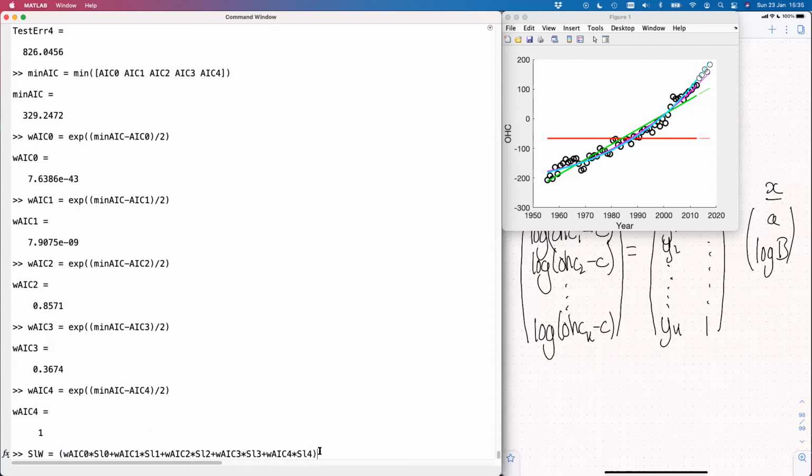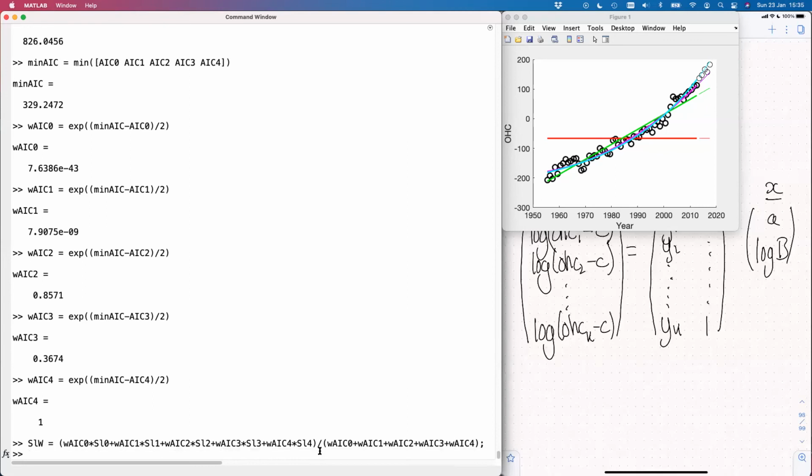And these Akaike weights don't add up to 1, so we need to normalize by their sum. So that should give us our sort of consensus set of predicted measurements.